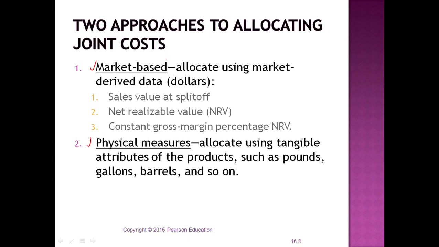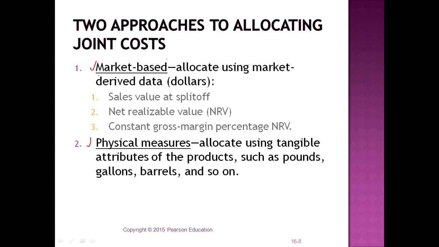The second is called the physical measure, where you don't take the market value, rather you take the actual output. The output could be measured in numbers, kilos, pounds, gallons, barrels, and so on. So you can use that as a basis for distributing the joint cost to the joint product.